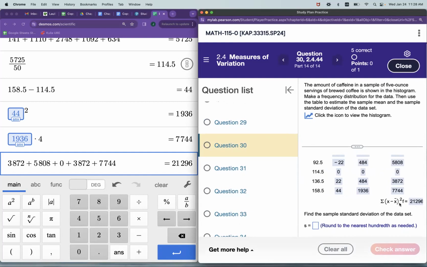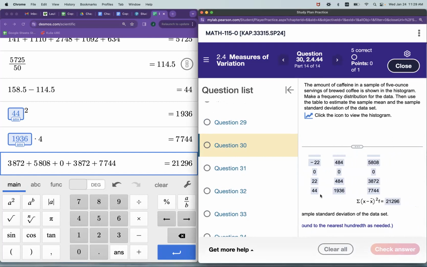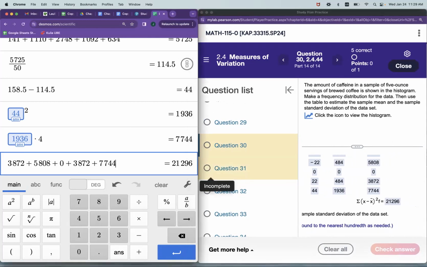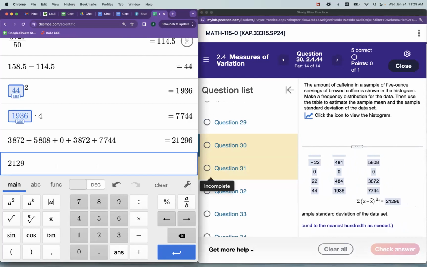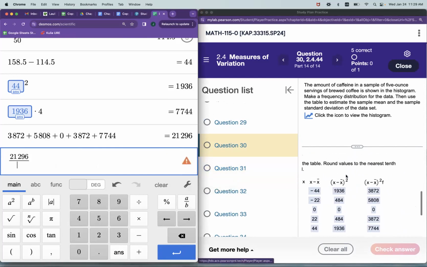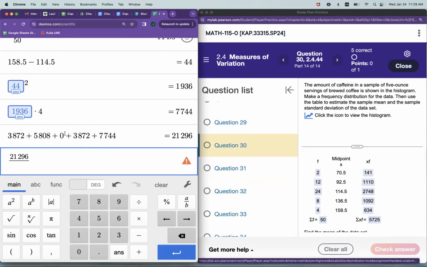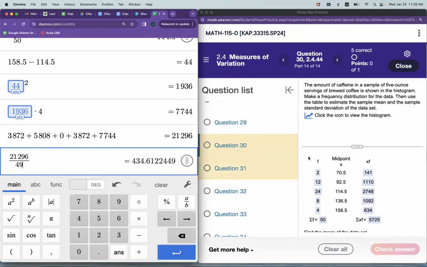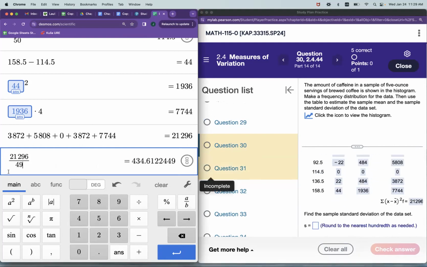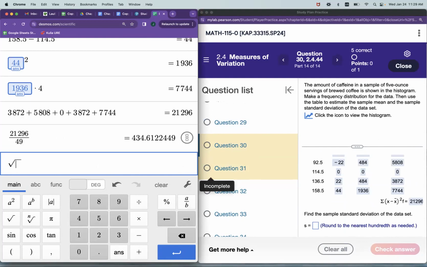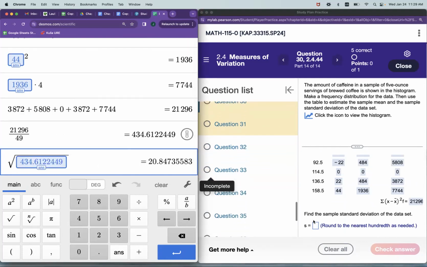This is actually the variance, this divided by n minus 1. That'll be 21296 divided by our sample size, which was 50, remember? So it should be divided by 49. That's the variance, but then I want the square root of that answer to give me the standard deviation.